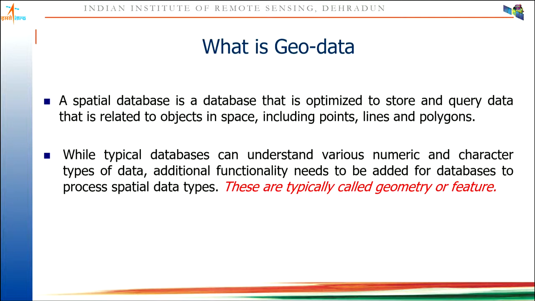Geometry means point, line, polygons. When I have geometry, I need to store not only the data but also the different types of operations that can be performed on these data sets. What does it mean? Suppose I am storing a point, then I have to define in my RDBMS what kind of operations you can perform with this point.